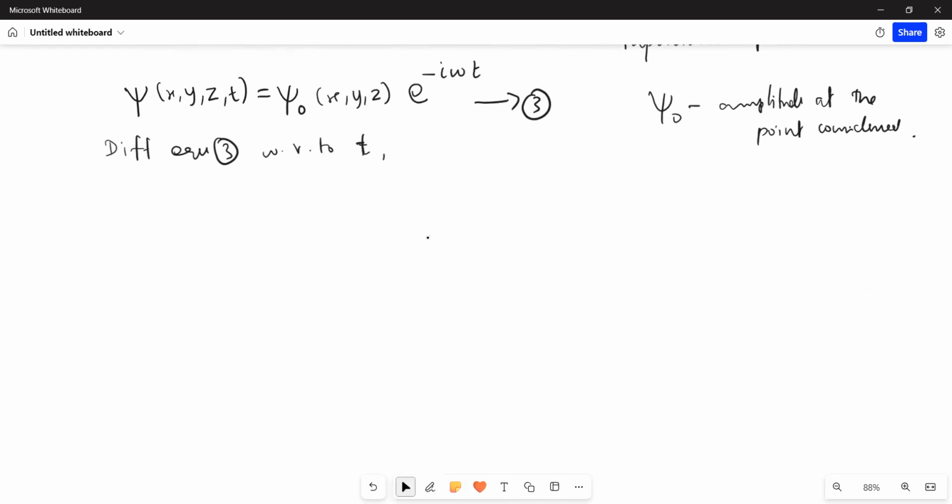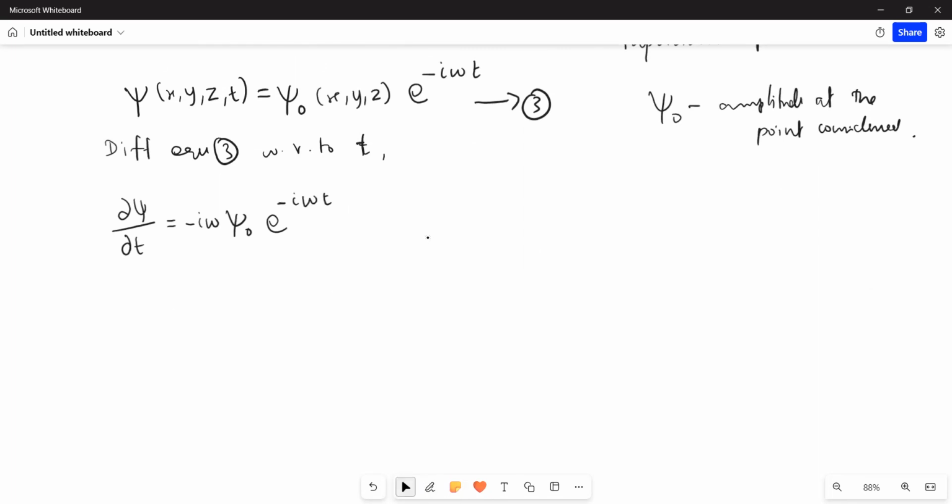So first you differentiate. What we will get when you differentiate this equation: dou psi by dou t is equivalent to psi naught, which is a constant, so you keep psi naught. And when you differentiate the exponential factor, you will get minus I omega psi naught e power minus I omega t.